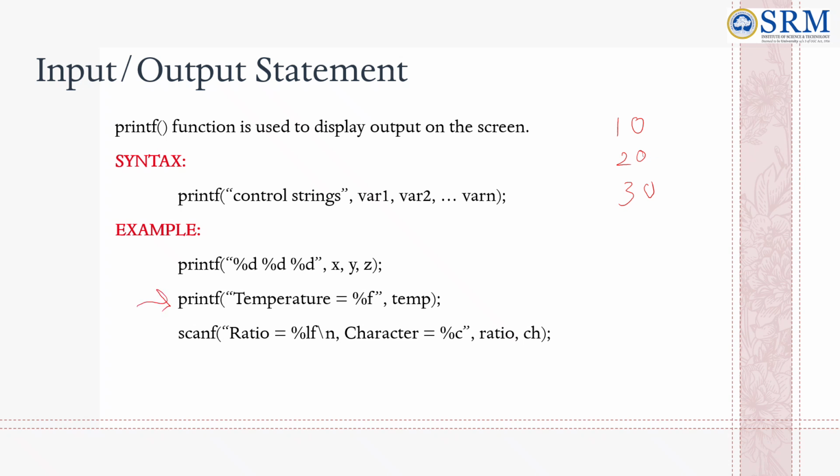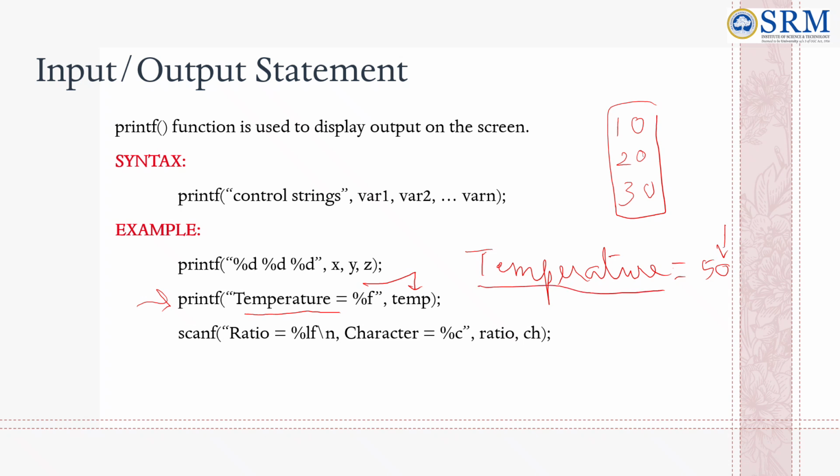Printf, within the control string part I'm just giving the text to be displayed on the screen, temperature equal to. This text gets displayed on the screen followed by this %f, which denotes the temperature value. Now your output would be temperature equal to 50 degrees. So the user will better understand what this 50 denotes. Instead of just giving the value, you can better give the output as mentioned here.